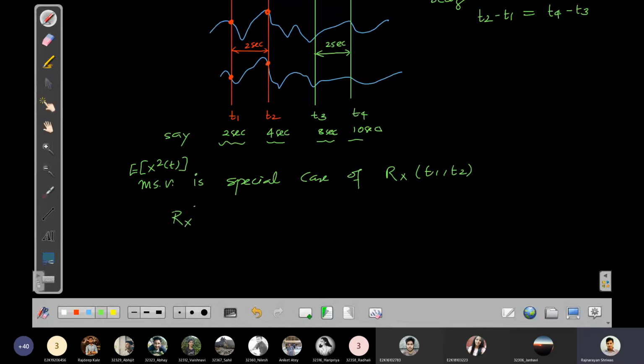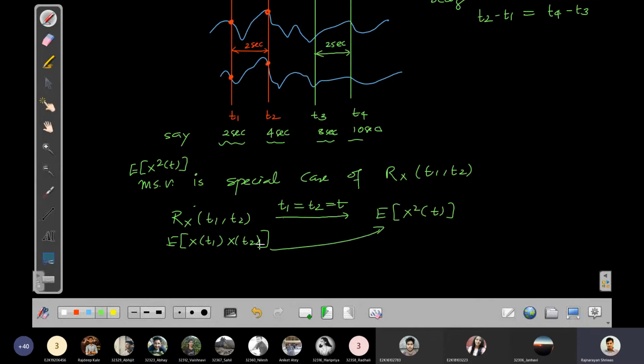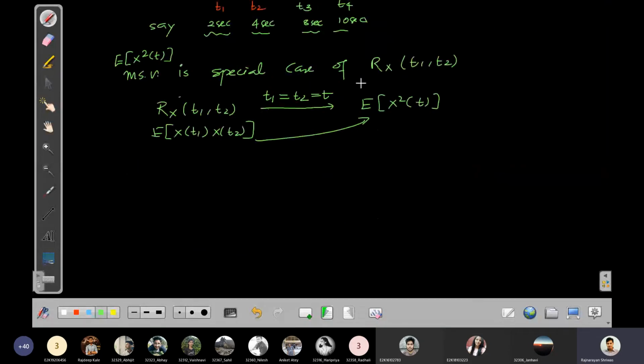Let me write the definition of Rx(t1, t2), so this will be easier to see. When you choose t1 equal to t2, and let's say this is t, you get the mean square value. So if you know autocorrelation, you can find mean square value.